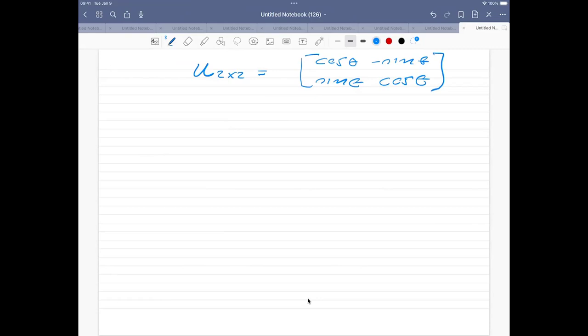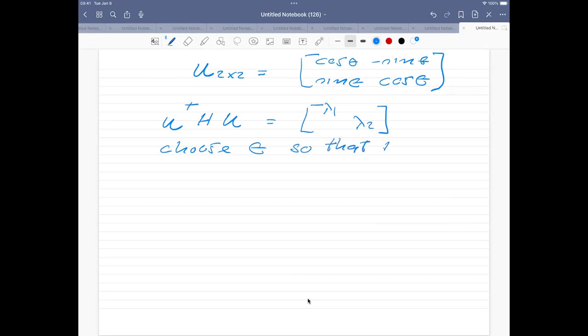And if you have a 2x2 matrix which you're transforming, this is the way you zero out the non-diagonal terms. So if I do that, I would have on a 2x2 matrix, this should now give us a lambda 1 and a lambda 2 here. And you choose the angle theta in cosine and sine so that the non-diagonal elements are zeroed out.